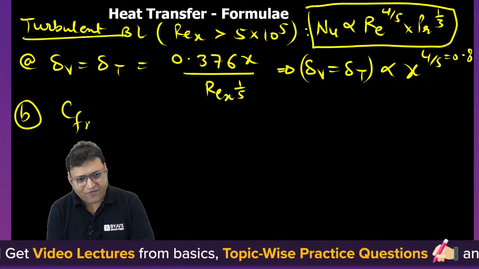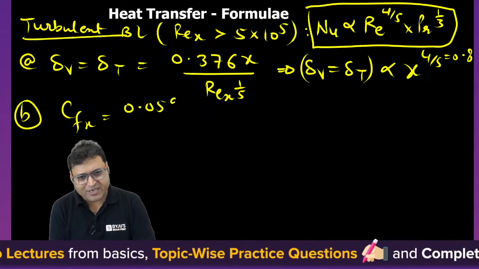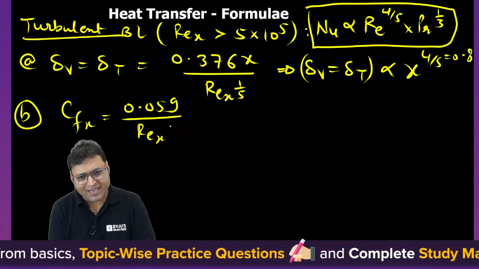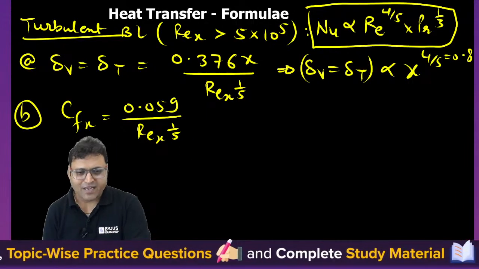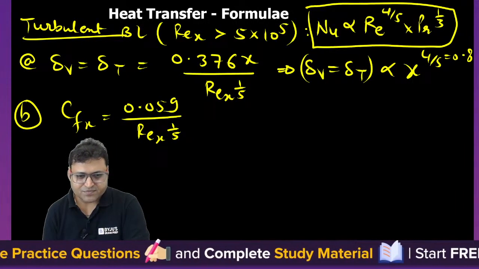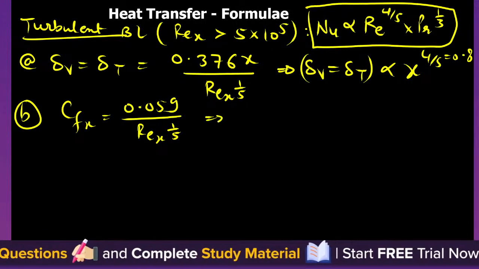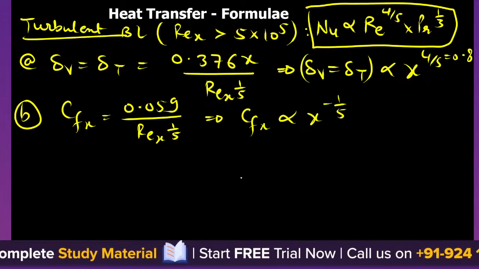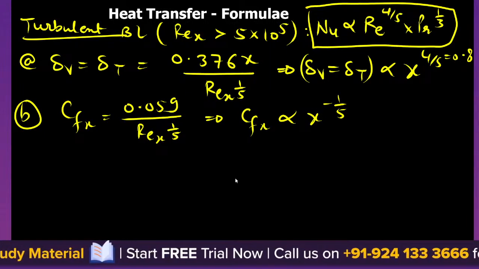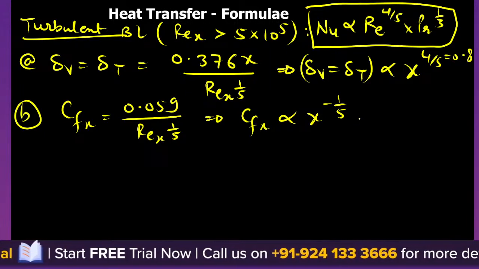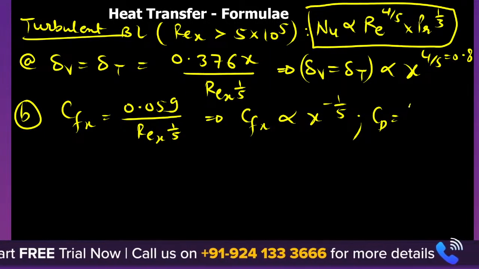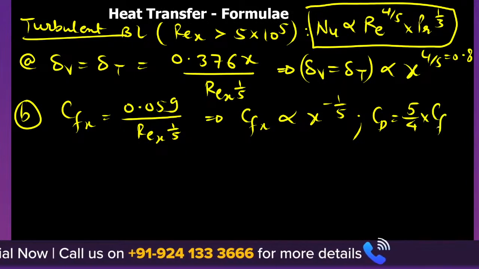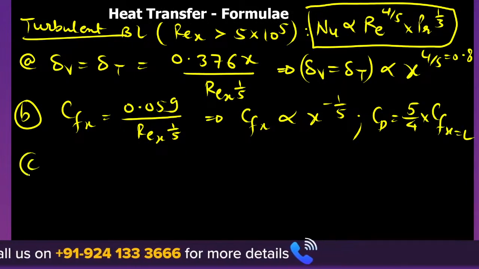And Cfx is equal to 0.059 upon Rex to the power 1 by 5. So from here we can say Cfx is proportional to x to the power minus 1 by 5. And CD, average drag coefficient, is 5 by 4 into Cf at x is equal to L.